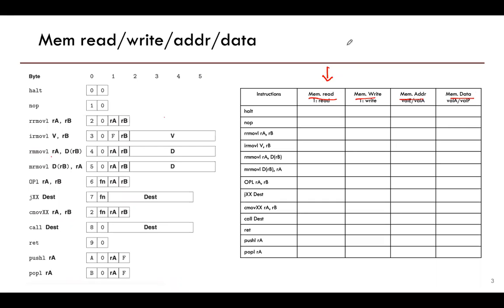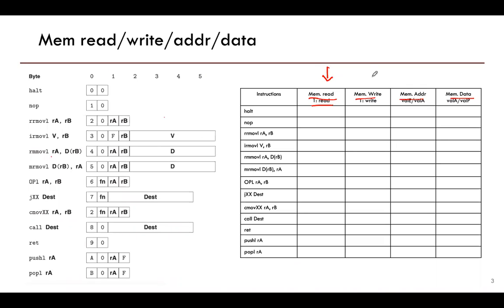You can fill out this table for each instruction, and each module has possible selections. The mem read module generates a 1-bit control signal, where 1 means read and 0 means no read.